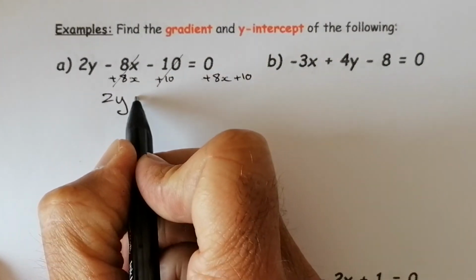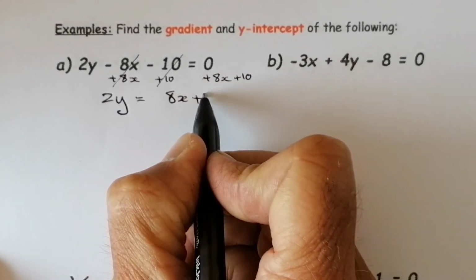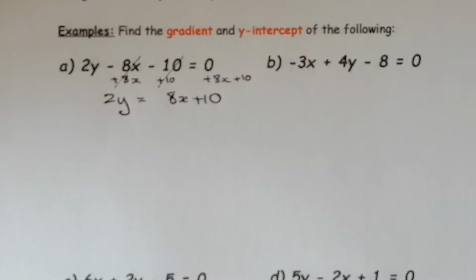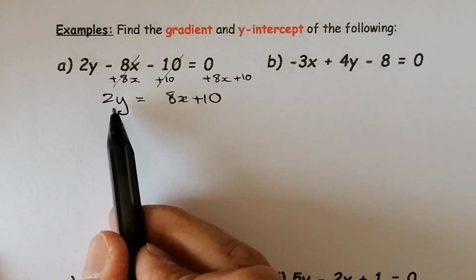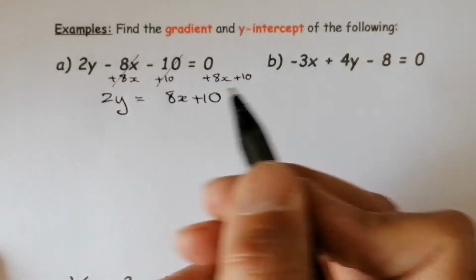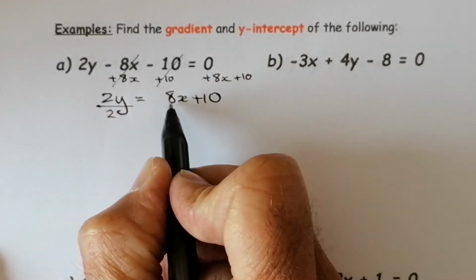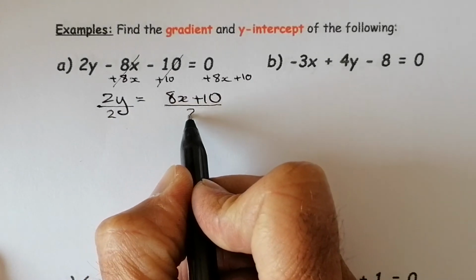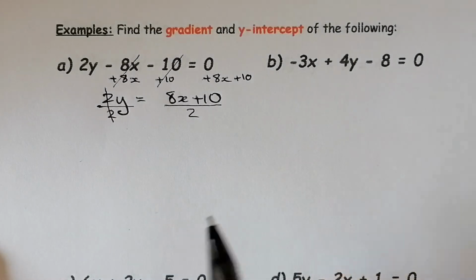So I've got 2y is equal to, and on the right hand side I've got 8x plus 10. So it's starting to look like y equals mx plus c, but it's not just y on its own, I've got 2y there. So I'm going to divide each side by 2. I'll divide this whole side here by 2, and I eliminate the 2s because 2 divided by 2 is just 1.